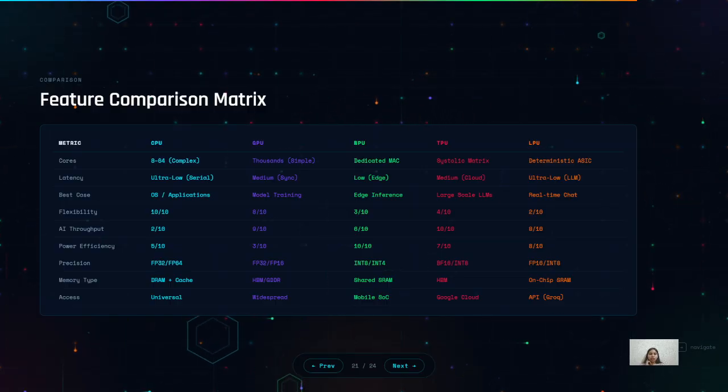Each architecture exists because no single chip can optimize everything simultaneously. How these compare with each other on some comparative metrics is shown in this slide.